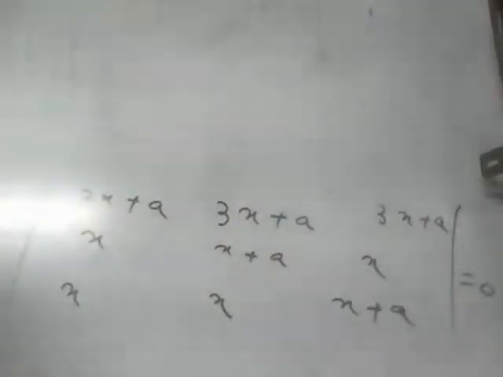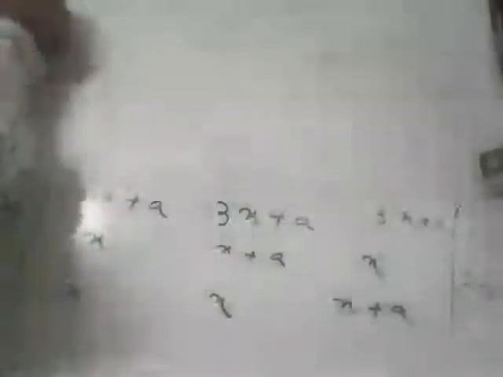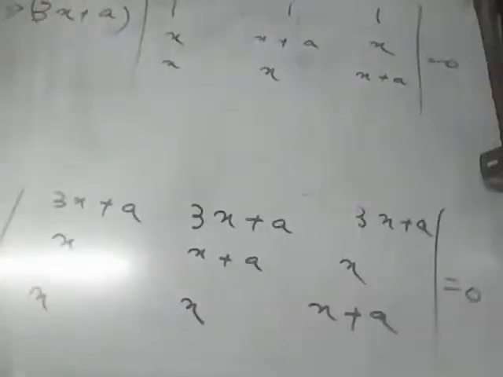Next step, you take common 3x plus a from row 1. So the next step is 3x plus a into the determinant 1, 1, 1; x, x plus a, x; x, x, x plus a. Now equal to 0, as it is an equation, you must write equal to 0.